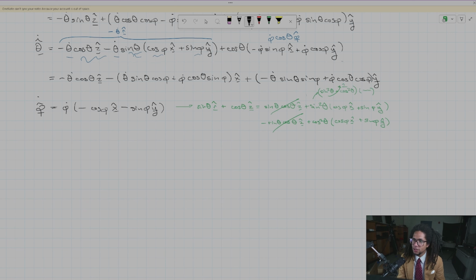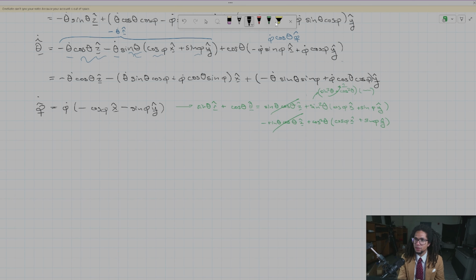So what this tells us is that sine theta r hat plus cos theta theta hat is exactly equal to cos phi x hat plus sine phi y hat. But what we need is the negative of that, so we figured it out.